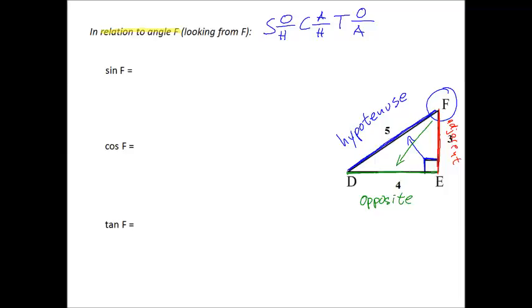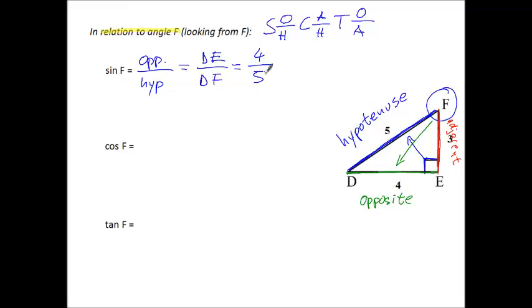Then the sine of angle F is the opposite side over the hypotenuse. Remember that. And in this case, this would be side DE over DF. And if we use the length of a side, it is 4 over 5.